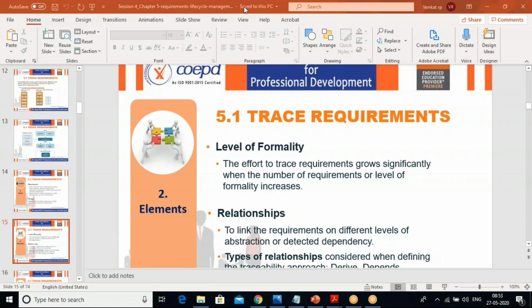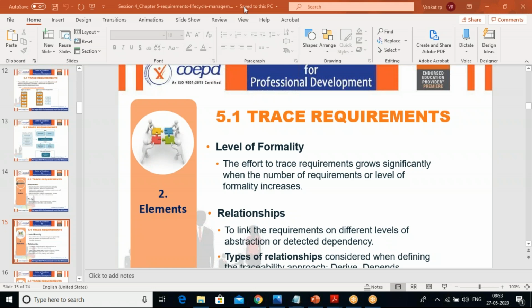The effort to trace the requirements grows significantly when the number of requirements or the level of formality increases. That means we have to understand the value chain link, to what extent the impact can be felt, and the level of formality. And then there are the relationships.